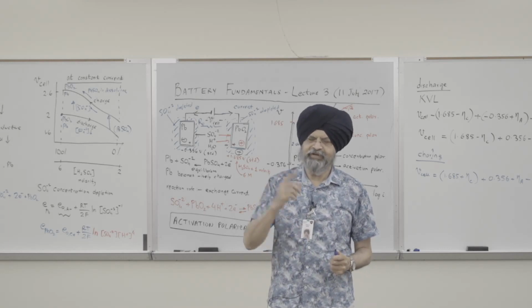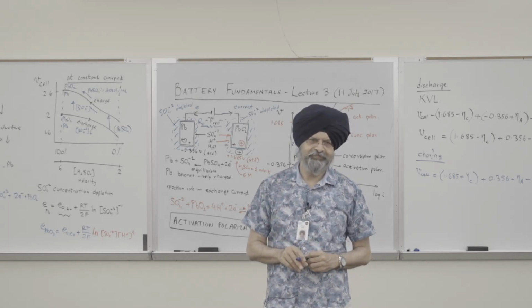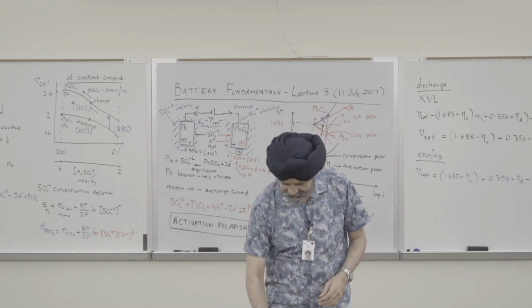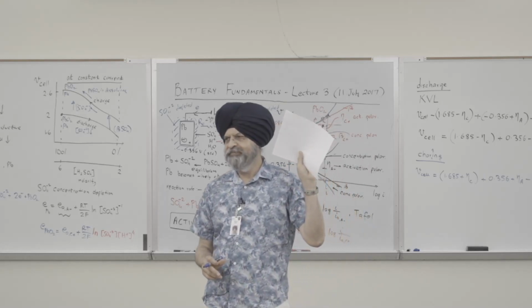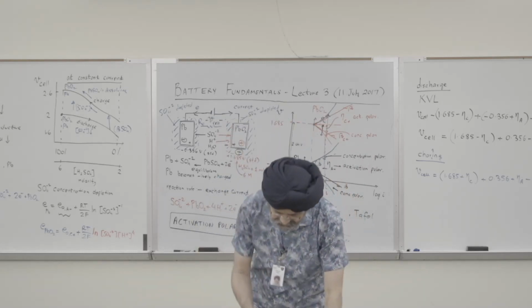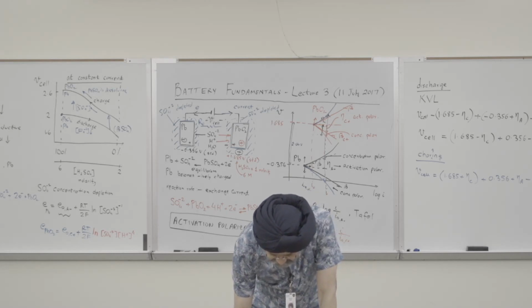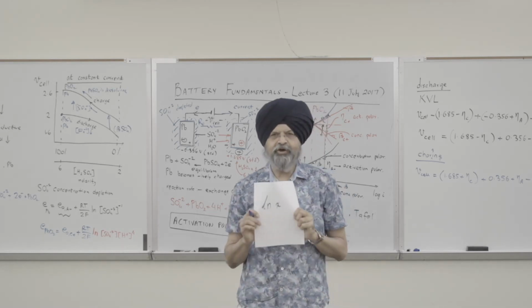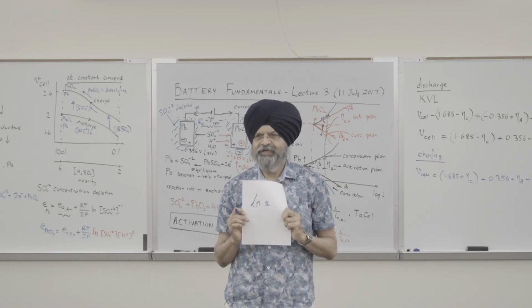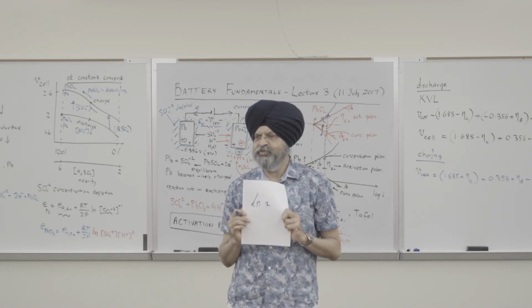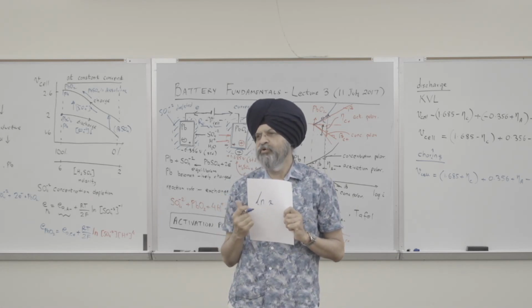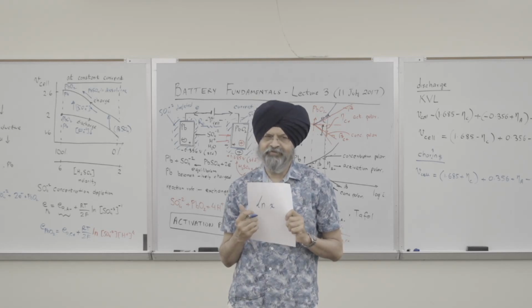So let me leave you with one question. Take a blank piece of paper like this and write down on this paper log of x, and explain to yourself, what is log of x? Where does it come from?